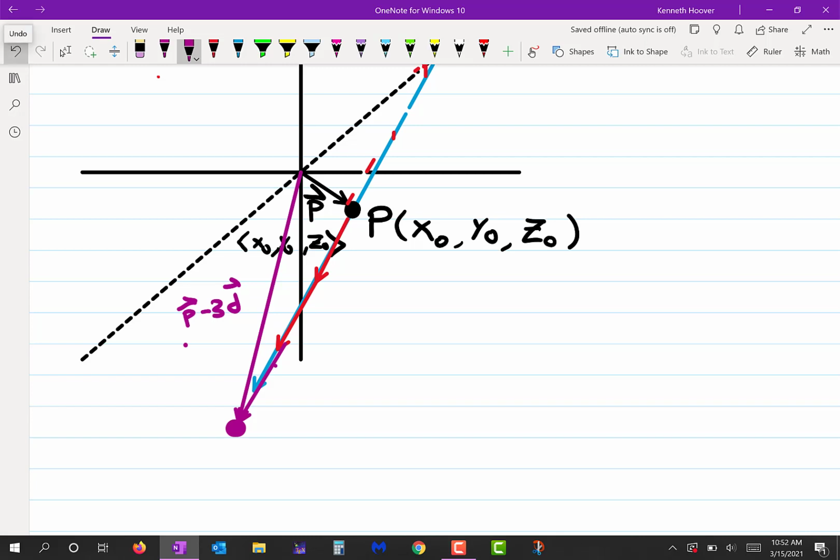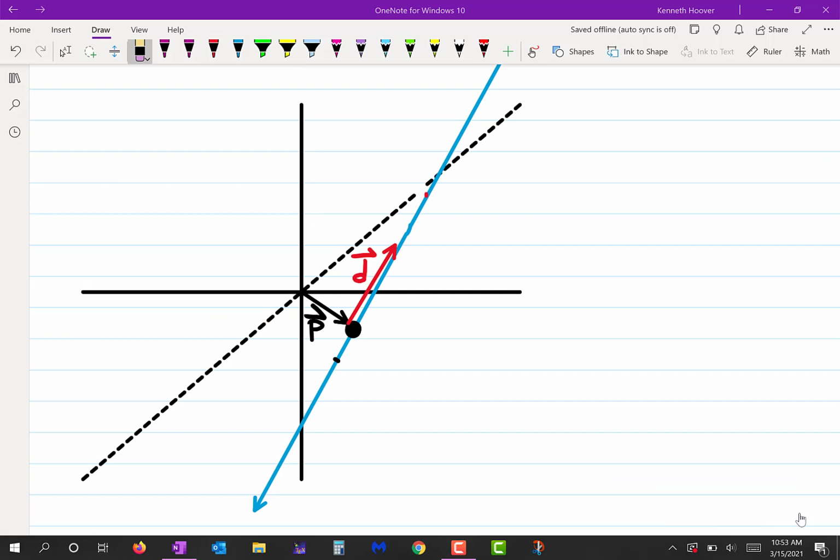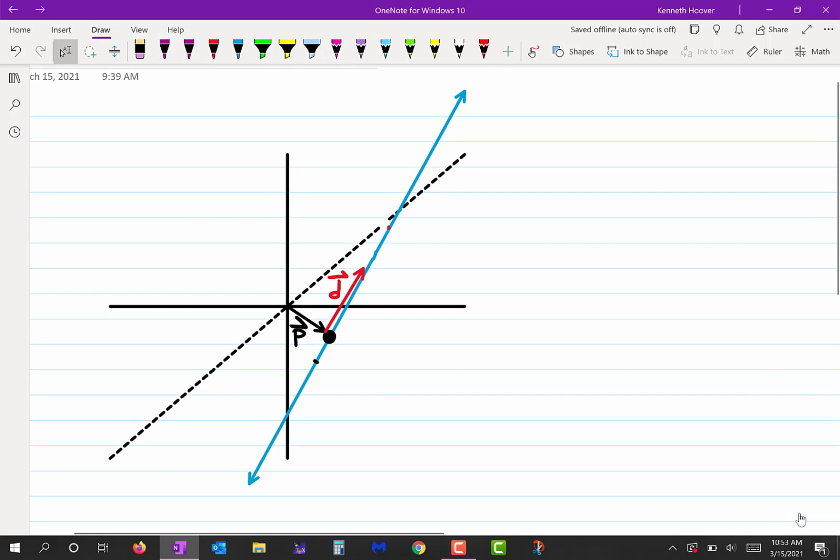Okay, so the point I want you to get is this. Let's go way back now. The point I want you to get is that every point on that blue line can be described by the equation vector P plus a multiple of vector D. Let's use T as that variable.